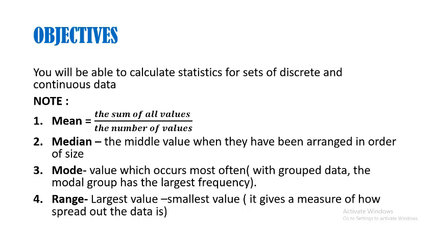We subtract the smallest value from the largest value. The answer that we get is the range of that given set of data. Take note that the range gives a measure of how spread out the data is.